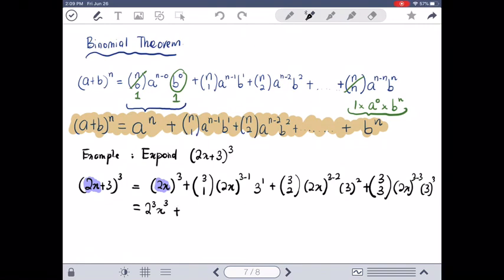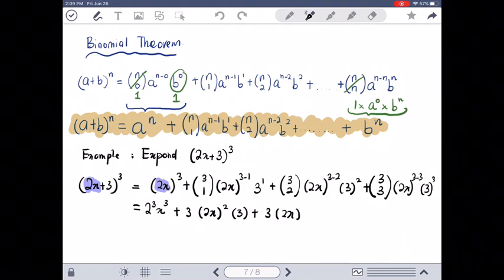okay, the next one, calculate 3C1, which is just equal to 3, times (2x) to the power of 3 minus 1, which is 2, then times just 3, plus 3C2, which is 3 also.